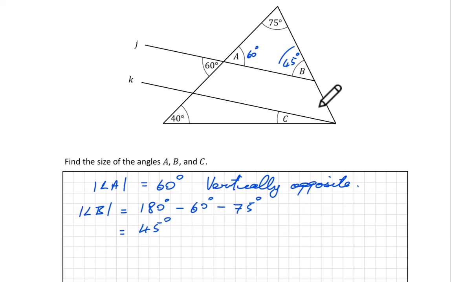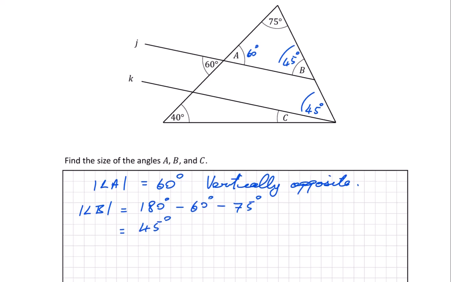So this angle here must be 45 degrees because it's corresponding. Then if we look at the big triangle here, we've got 75 degrees, we've got 40 degrees, and we've got 45 plus something will give us 180 degrees.